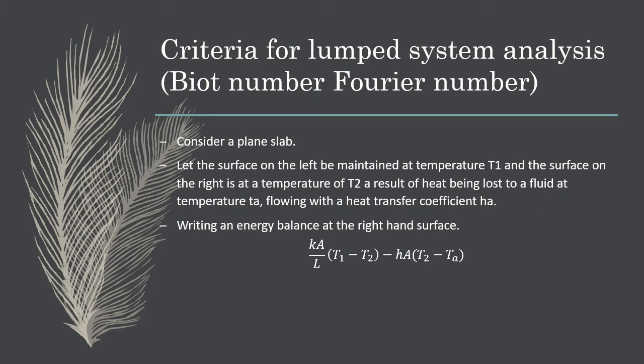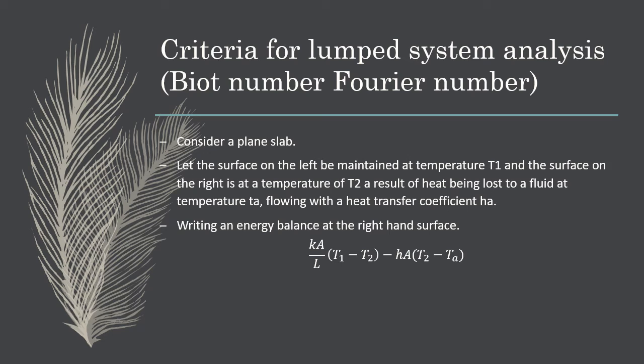Criteria for lumped system analysis: Biot number and Fourier number. Consider a plane slab. Let the surface on the left be maintained at temperature T1 and the surface on the right at temperature T2.